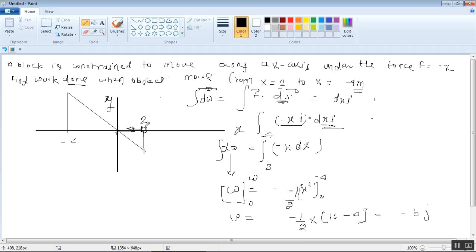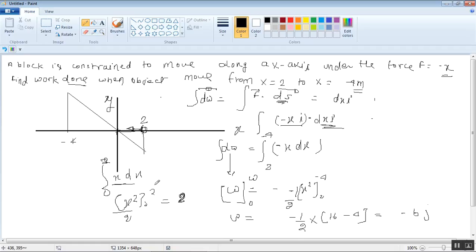So from here to here, work done is positive, because the direction of displacement and force is the same. I am not considering sign, I just need magnitude, so x dx with displacement from 0 to 2, and I determine the sign myself. So the work done is x square by 2 from 0 to 2, which is 2.